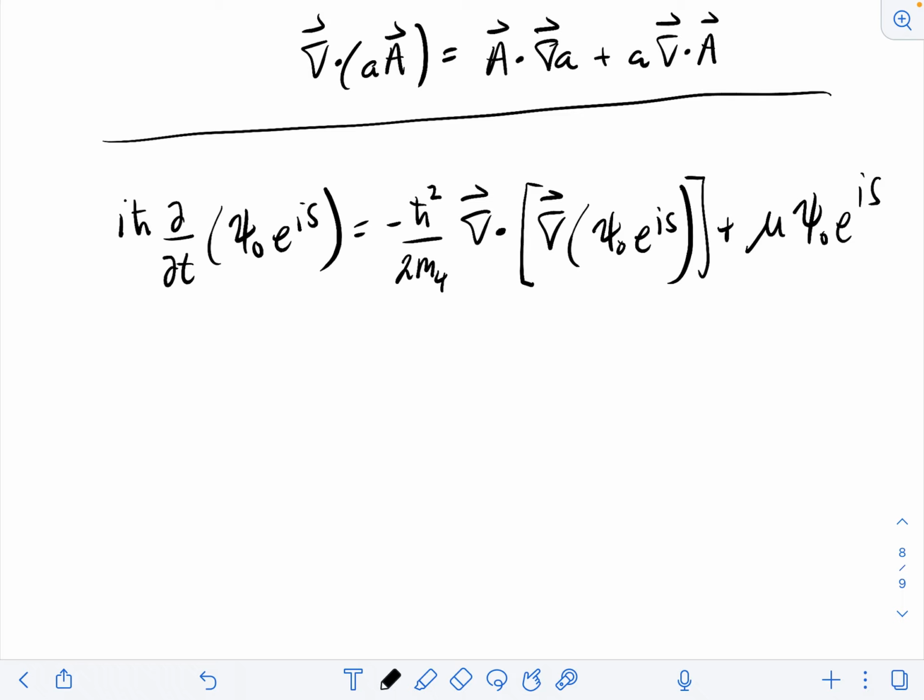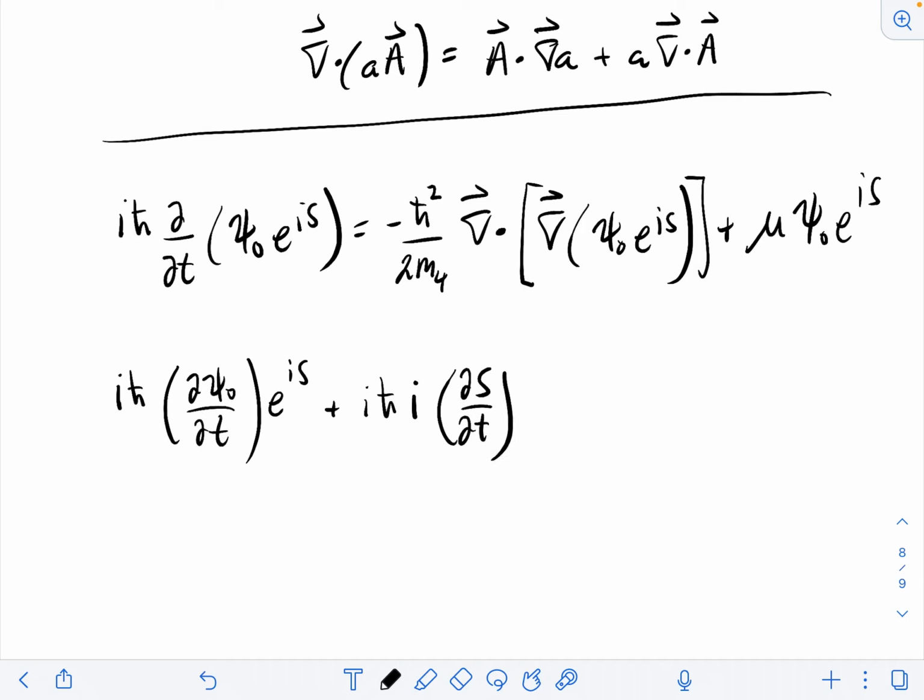Okay, so we're going to get iħ ∂φ0/∂t e^(is) plus iħ. And so we take the time derivative of e^(is). Now we have to do chain rule, so we get i ∂s/∂t φ0 e^(is). Okay, so that's the left-hand side of Schrodinger's equation, and that's going to be equal to minus ħ² over 2m.